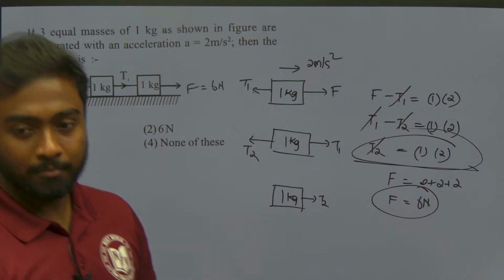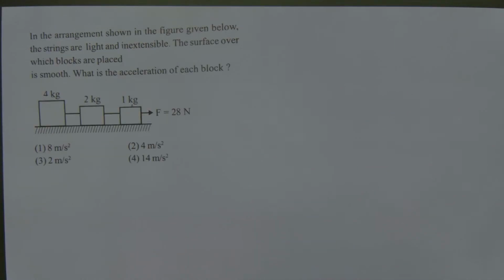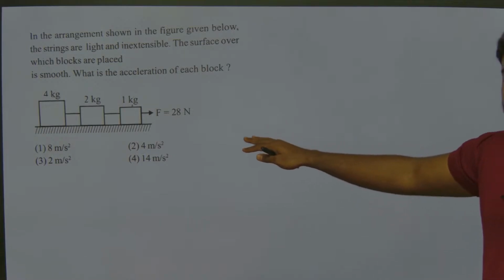Can we see the next question? So the next question is, in the arrangement shown in the given figure below, the strings are light and inextensible. The surface over which blocks are placed is smooth. What is the acceleration of each block? We did a similar question last time.